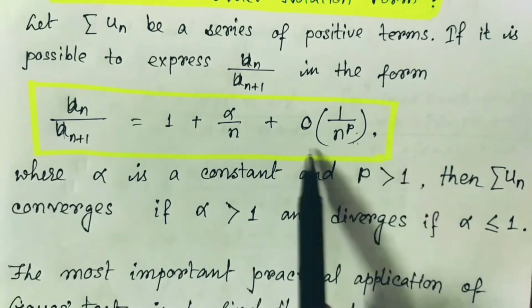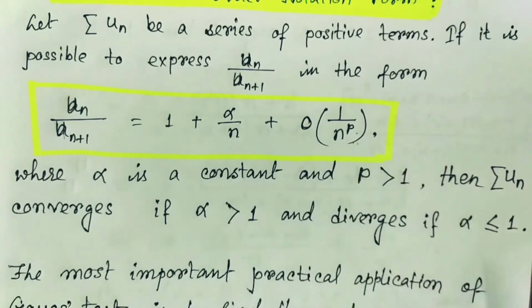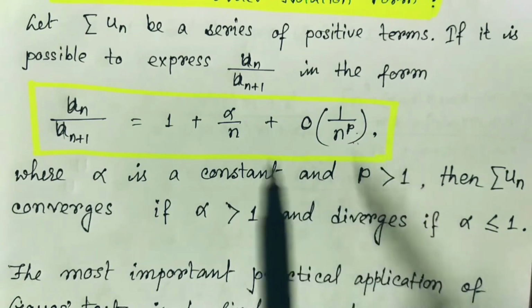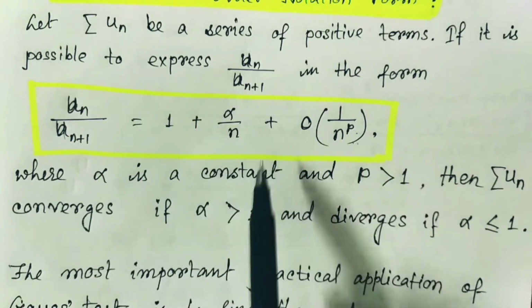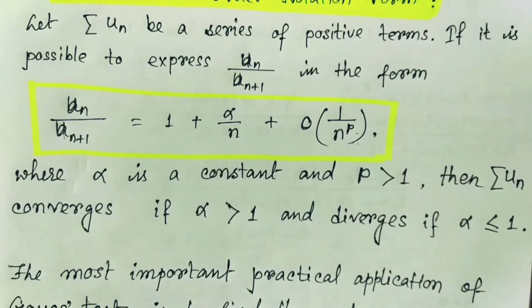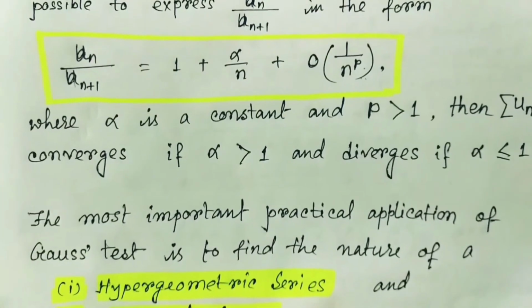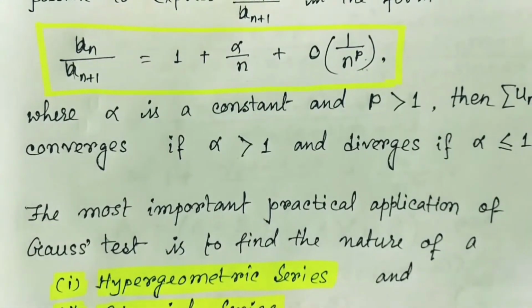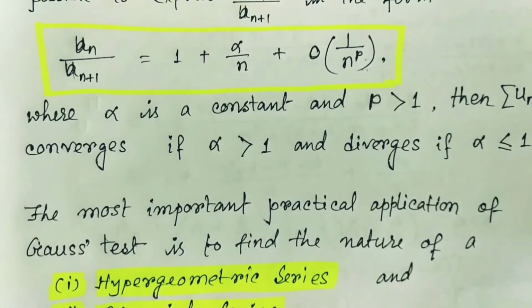After calculation of this part, we just omit or neglect this part, and on the basis of the other part only we discuss the nature of the series, divergent or convergent. So the most important practical application of this Gauss test is to find the nature of the series.